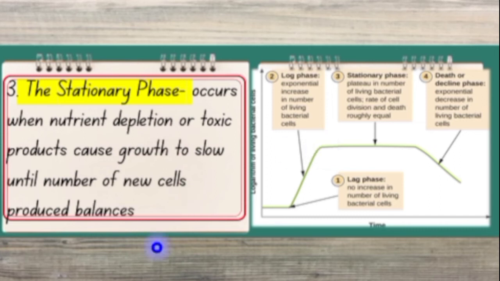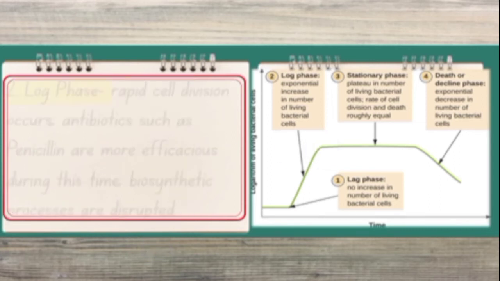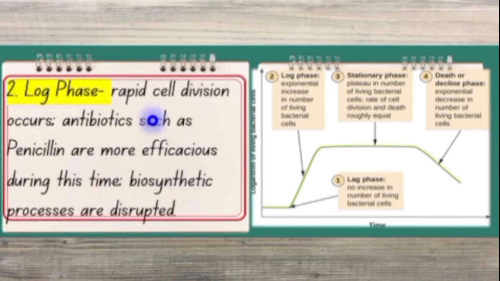Okay, if you can still remember in our previous slide, the log phase is the most crucial phase wherein antibiotics are more effective, because at this time there are biosynthetic processes happening.